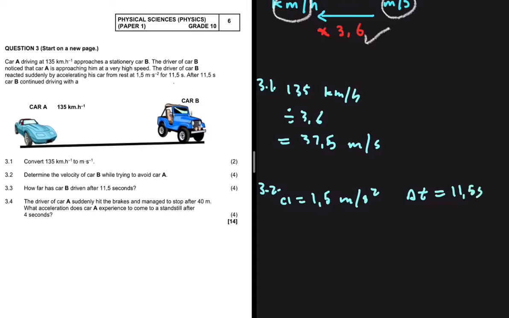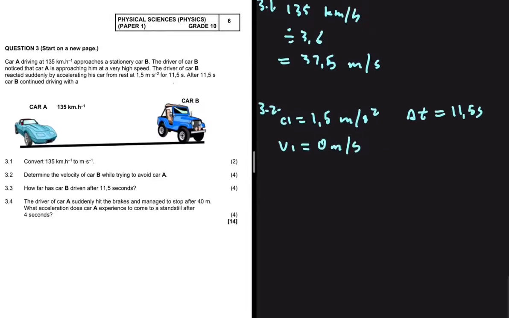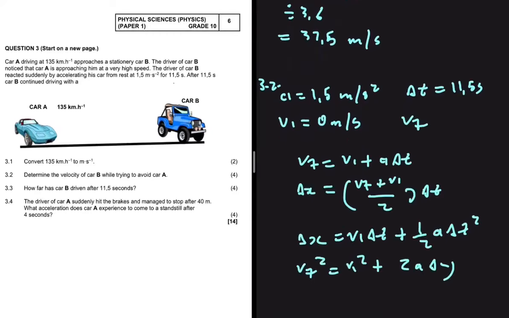We have an initial velocity because we are told that the car starts moving from rest. So the initial velocity vi is equal to 0 meters per second. You need to remember that every time a vehicle starts moving from rest, the initial velocity is 0 meters per second. What we are looking for is vf. We have 1, 2, 3, 4 equations of motion.